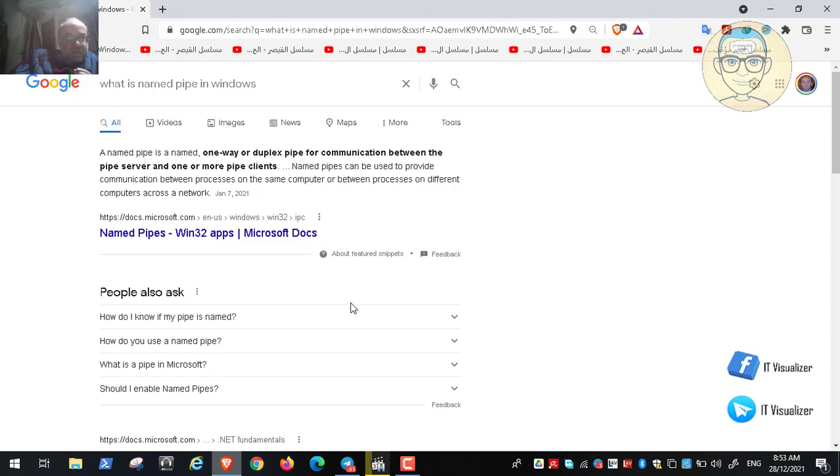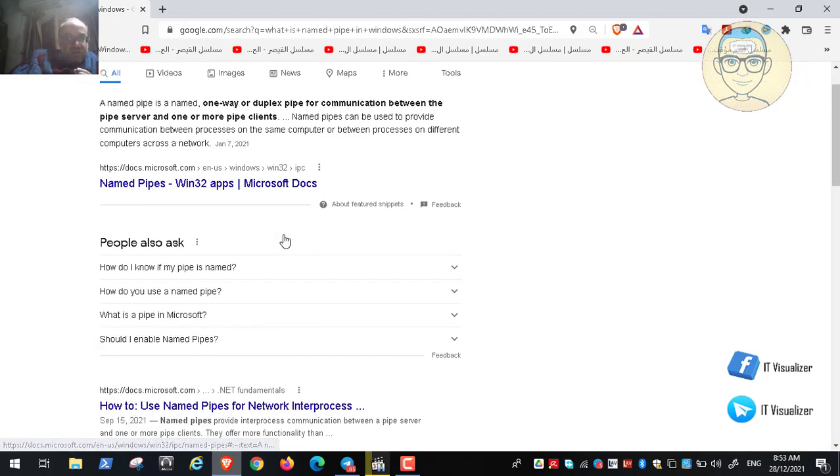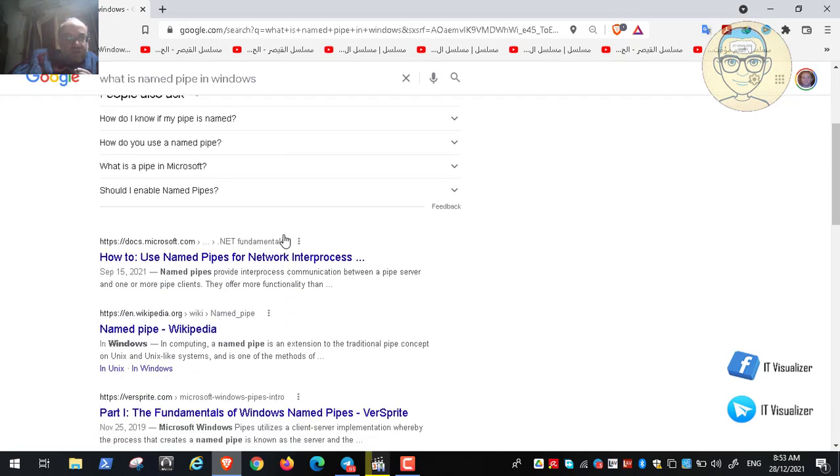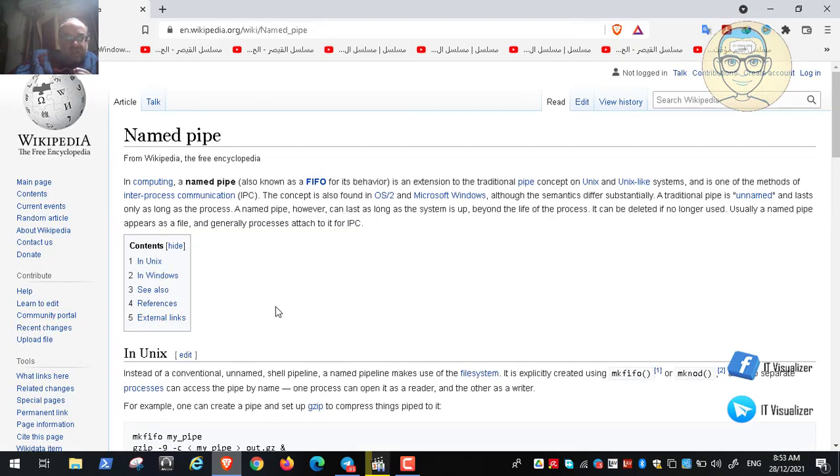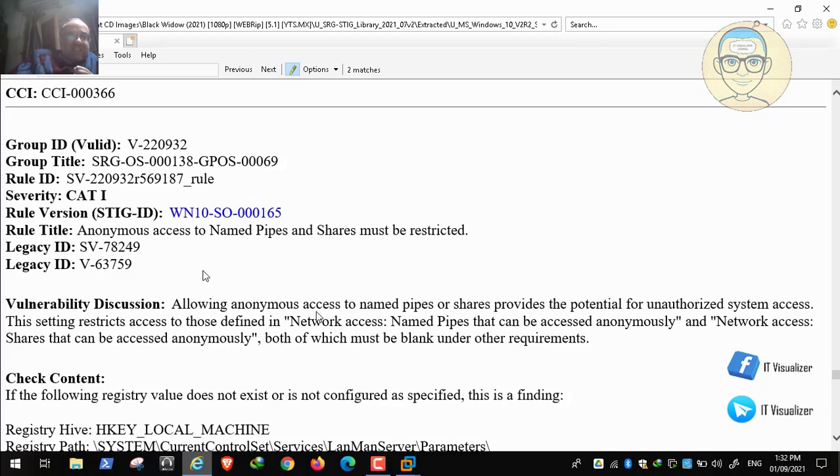The pipe is related to an extension to the traditional pipe concept on Linux and Unix. I have seen this before, but in SQL. So it is an extension to the traditional pipeline. Anyway, I know pipes are related to SQL databases or accessing databases.